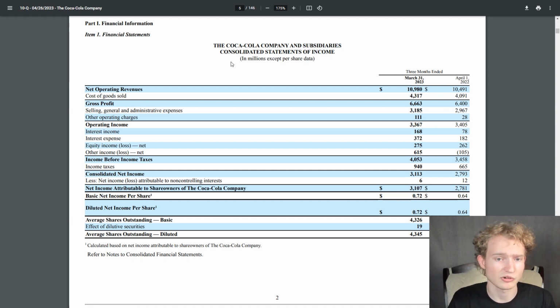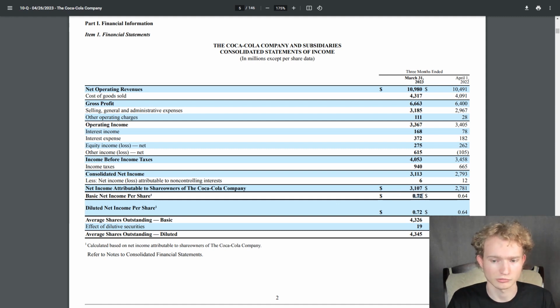Now the next thing right under that, in parentheses, says "in millions except per share data." And what that means is that all of the numbers on this entire statement are going to be in millions, except for the per share data. So if you'll see further down here, such as the net income per share or the diluted net income per share, these numbers are not in millions.